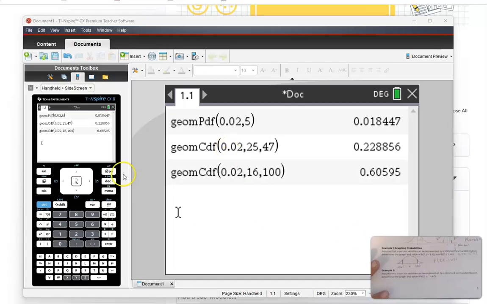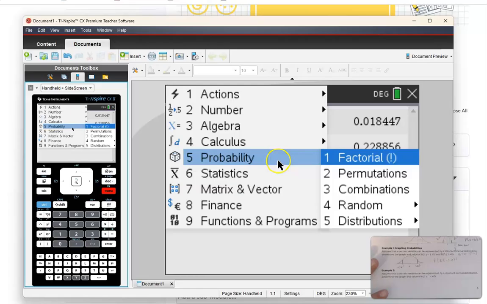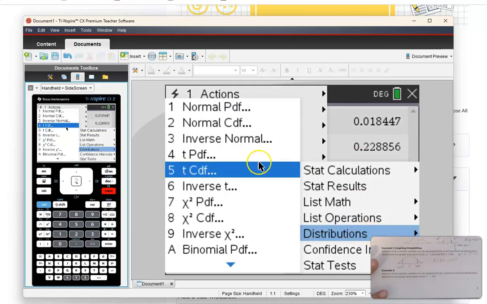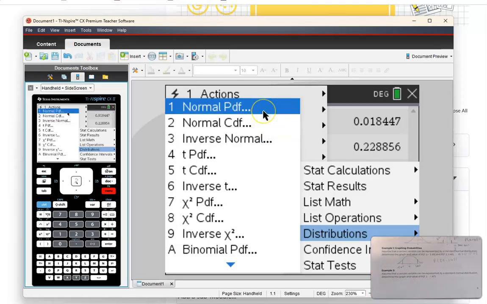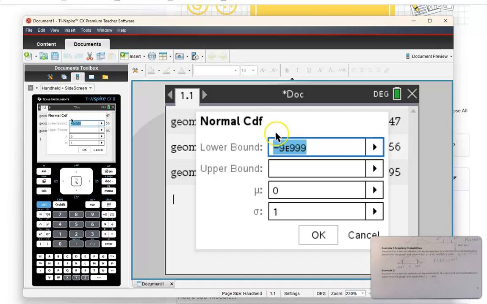We're going to go statistics, distribution, and we're going to do a normal CDF, cumulative distribution function, because this is going to tell us how much is underneath the area of the curve from the beginning to negative 1.65.